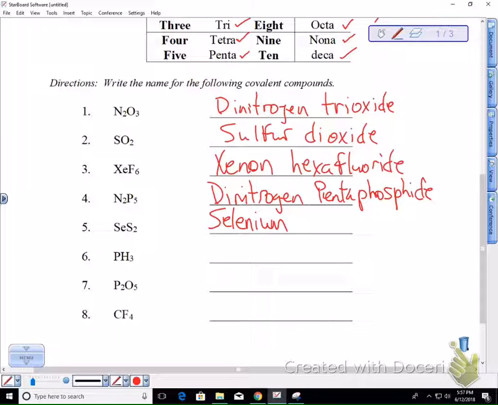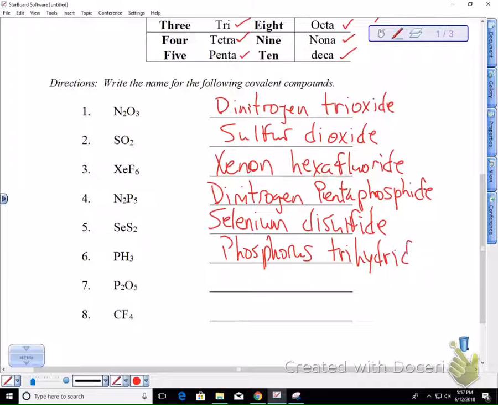We will not start it with mono. And then disulfide because there are 2. Number 6, we have a phosphorus. And then 3 hydrogens. Hydrogen ends in ide, it's hydride.